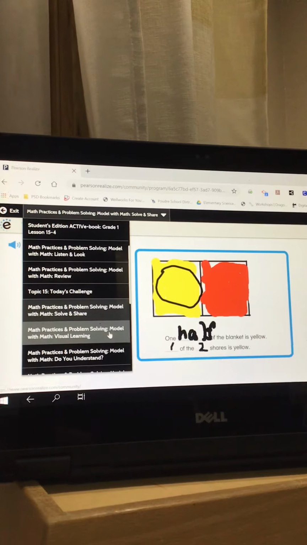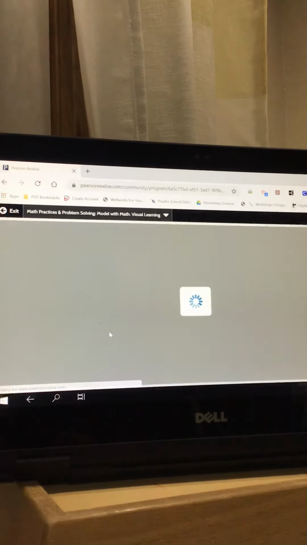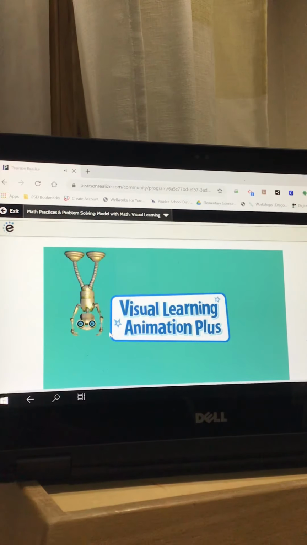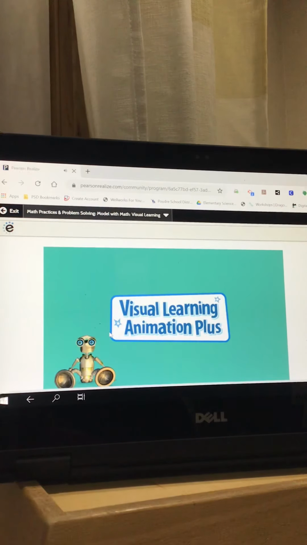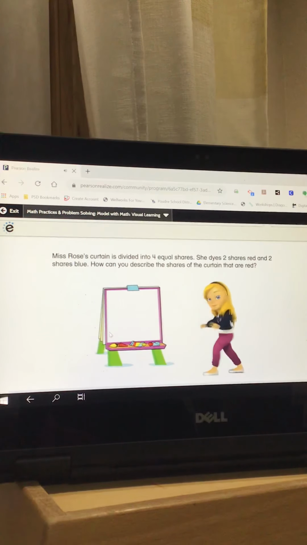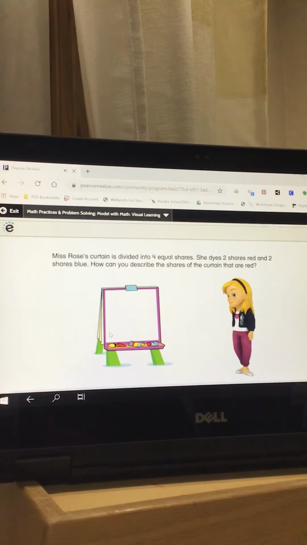Okay, let's do our visual learning. Miss Rose's curtain is divided into 4 equal shares. She dyes 2 shares red and 2 shares blue. How can you describe the shares of the curtain that are red?